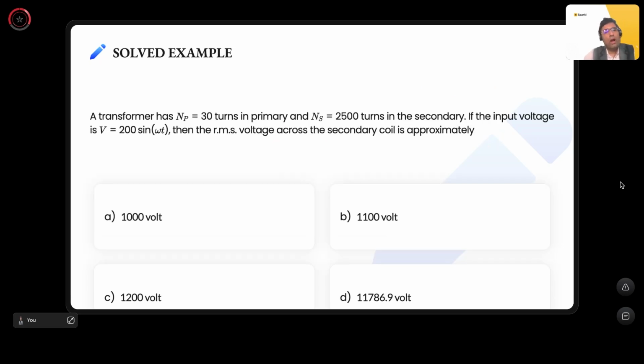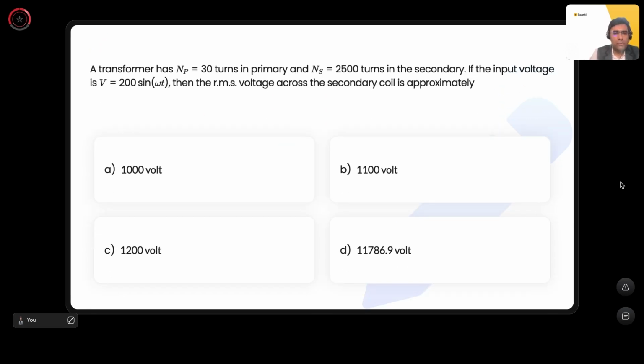Next question. A transformer has NP equal to 30, NS equal to 2500. If the input voltage is V equal to 200 sine omega t, the RMS voltage across the secondary coil is? We know that ES upon EP is equal to NS upon NP.